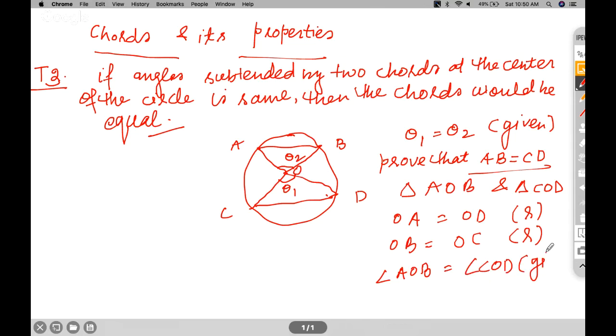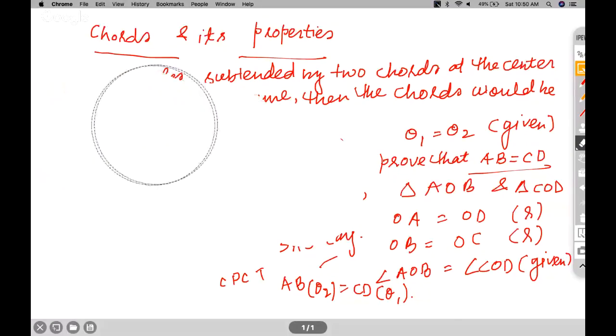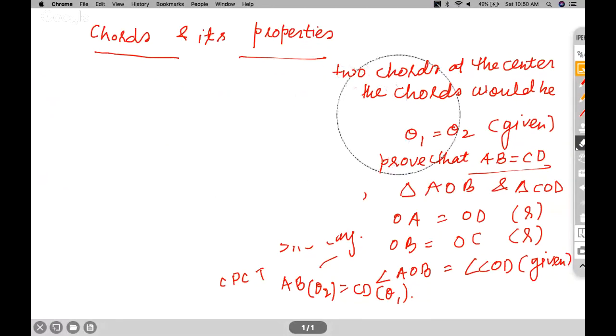It has been given. So it is side angle side congruency, and again by CPCT, sides opposite to equal angles would be equal. So AB, which is opposite to theta 2, would be equal to CD opposite to theta 1. So this is what you had to do. All of you did it. So wonderful. Now let me go to theorem 4.